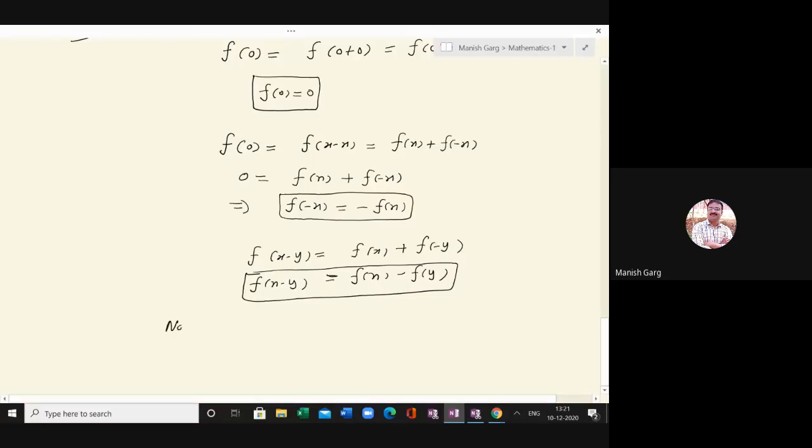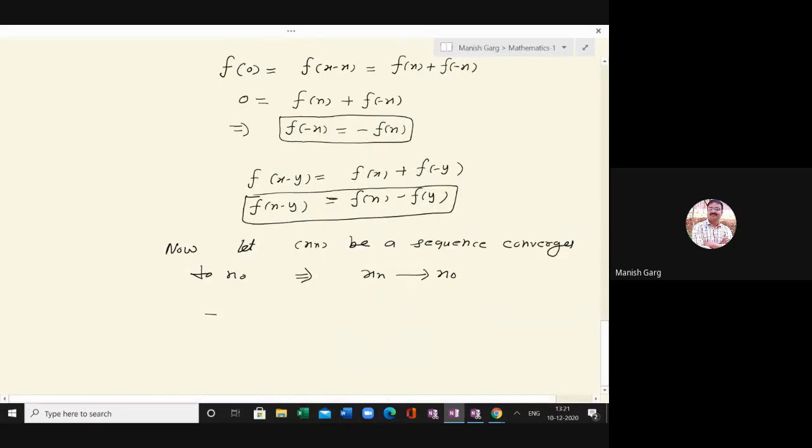Now, let xn be a sequence that converges to x naught. It means xn converges to x naught.